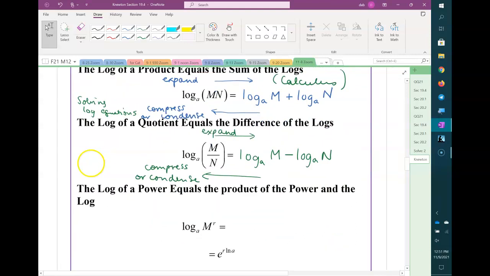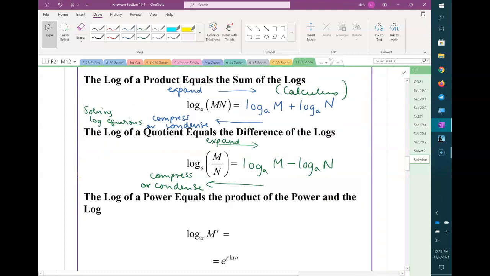Okay, then the third one, also super useful, says if I have something called capital M and it has a power of r, the r can come down in the front and now be multiplying the log base A at the end. This only works if the exponent is on everything inside the logarithm.